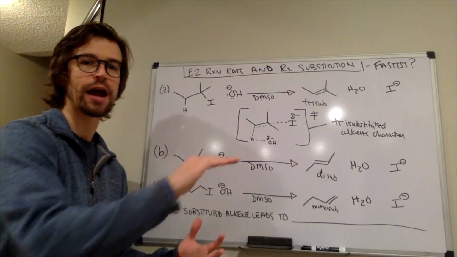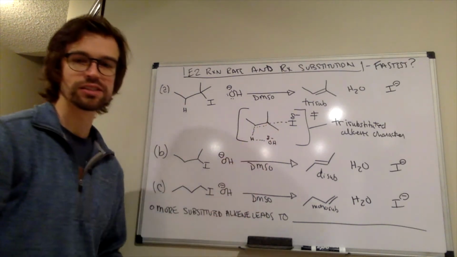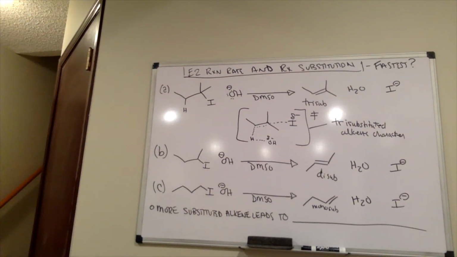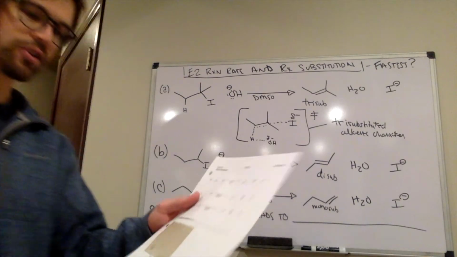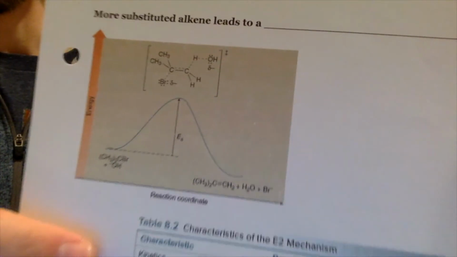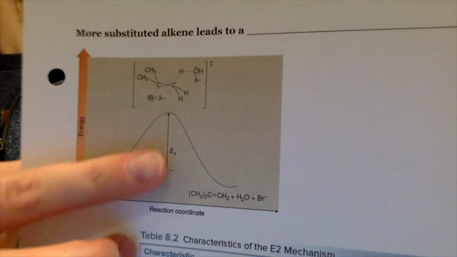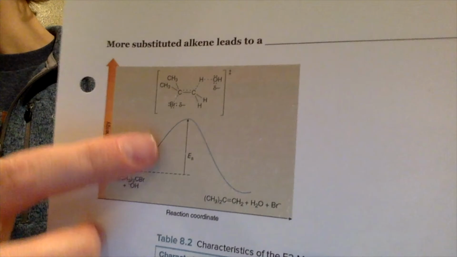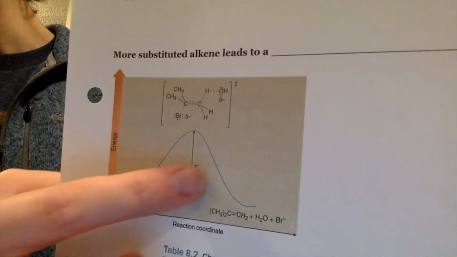It's going to have a lower activation energy if that transition state is of a lower energy. And I show that transition state structure here as well in the course packet. We see the transition state here, how that relates to the Ea. That's what that transition state is.